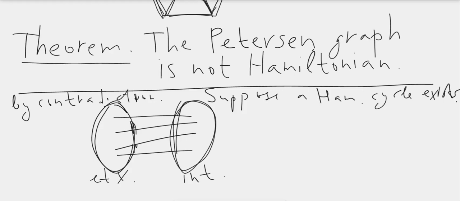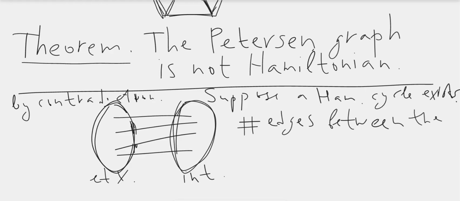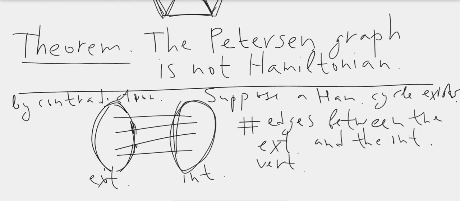So the number of edges between the external and the internal vertices must be even.